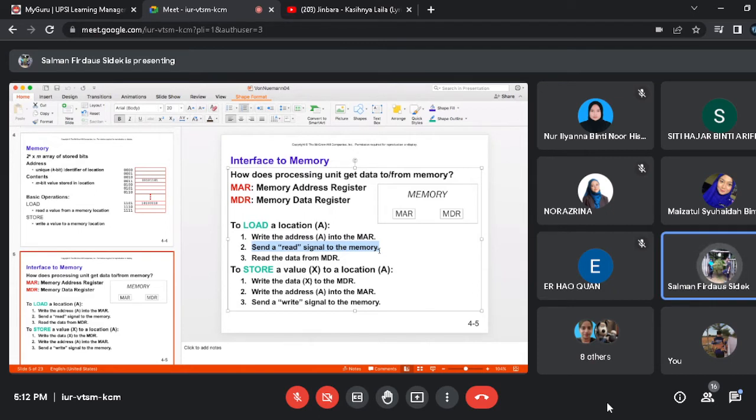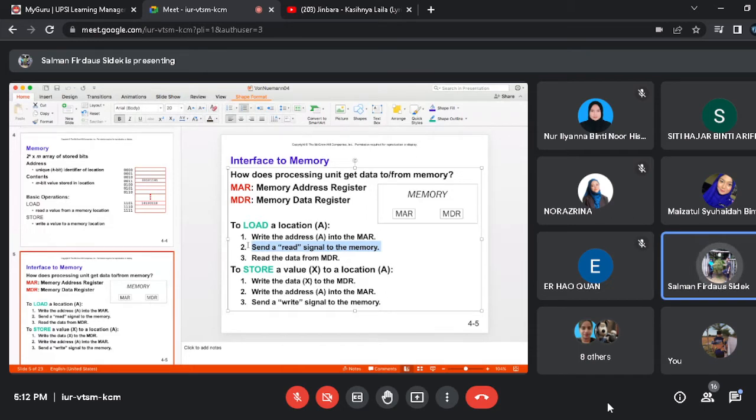At the same time, the data will be registered in the MDR before it is sent to CPU. Okay. So I repeat, don't be confused. The second step means send a read signal to memory. The address is already written in the MAR, and the data of the address that has been written in the MAR will be registered into MDR. This step is happening here.